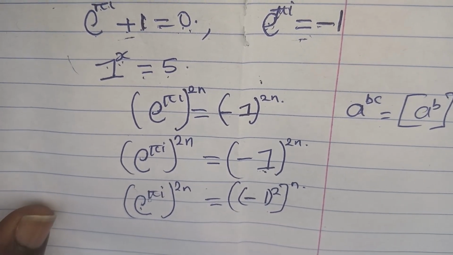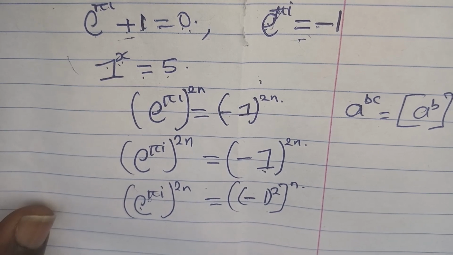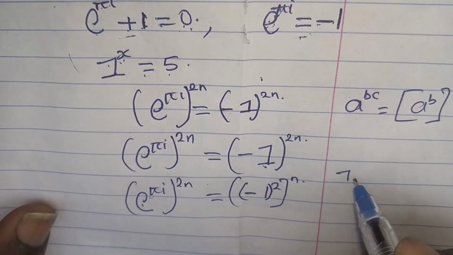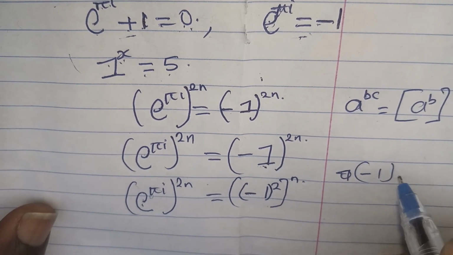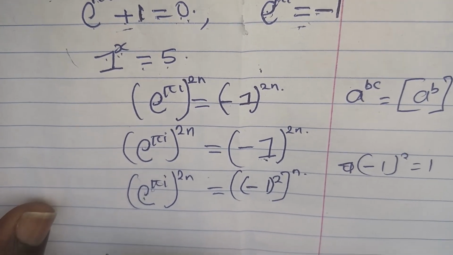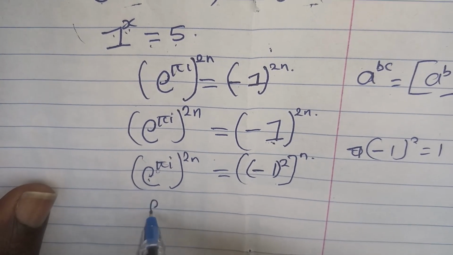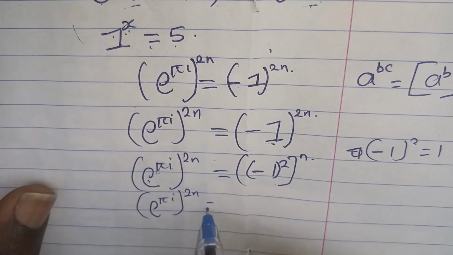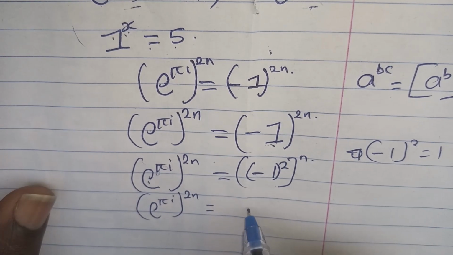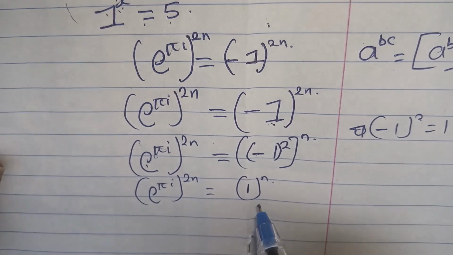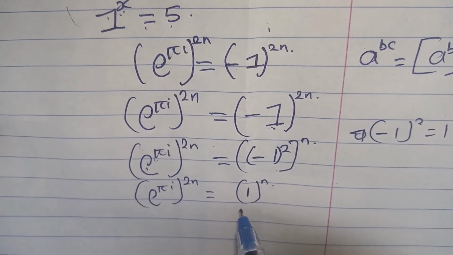So this is what we are now having. Recall that minus 1 to the power of 2 is also equal to 1. So from here we can say (e to the power of pi i) to the power of 2n is equal to 1 to the power of n.